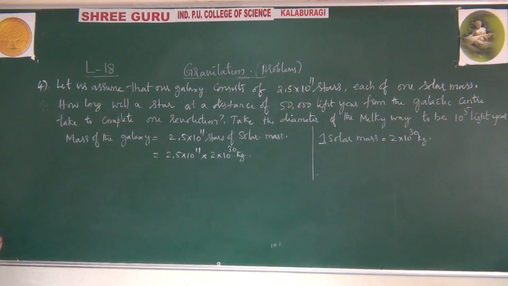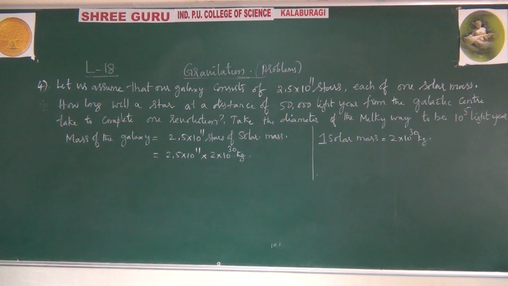Okay, right. What is the next point they have given? How long will a star at a distance of 50,000 light year from the galactic center take? So you have to calculate that; the radius of the path of the star is given, 50,000 light year. You should also know the light year.